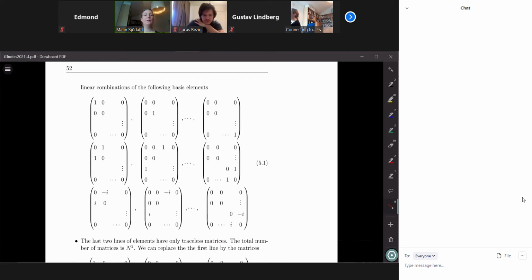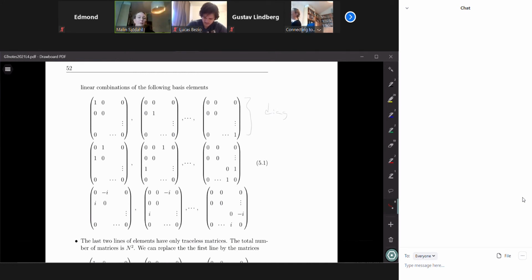And some diagonal ones. So here we have the diagonal ones, with 1 in some place and all other zeros, and we place the 1 in all possible places. Then we had those that had a real number in opposing places, and here we have to consider every possible place of having these real numbers.